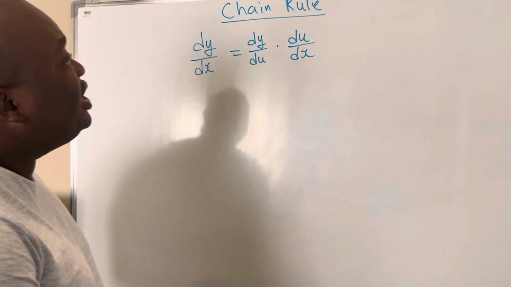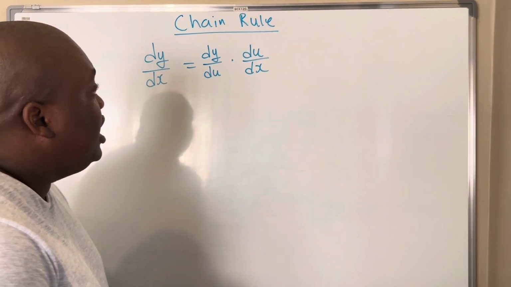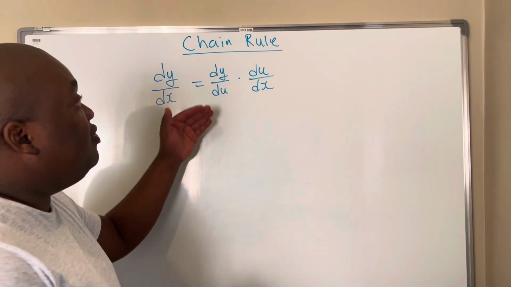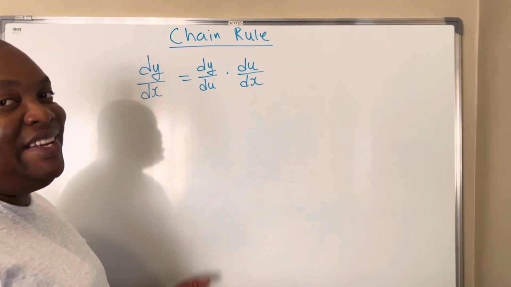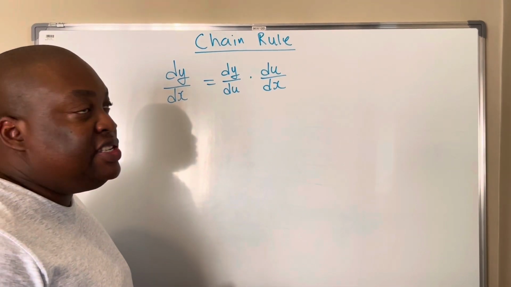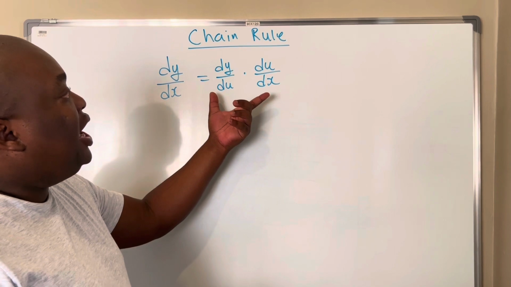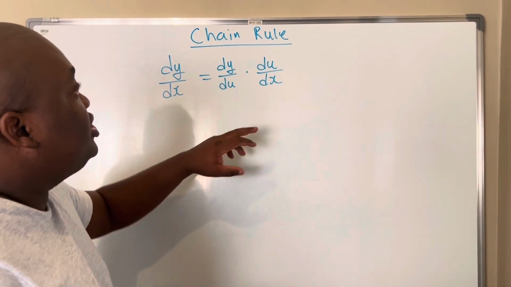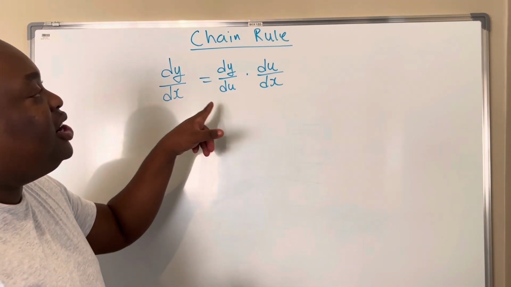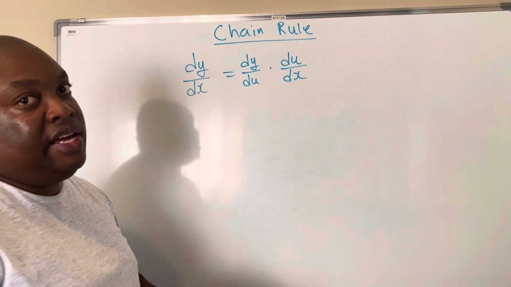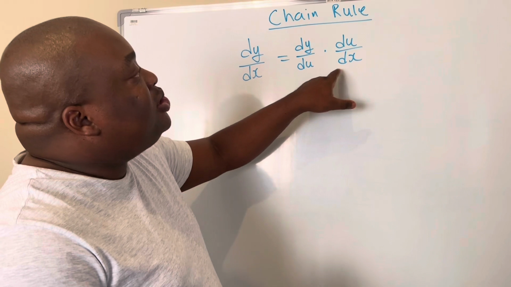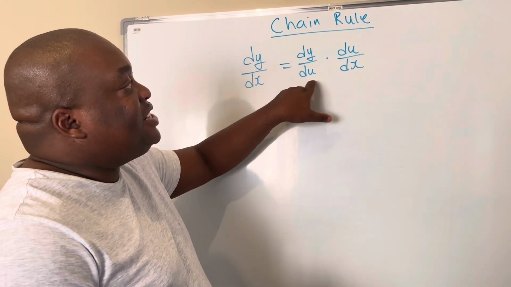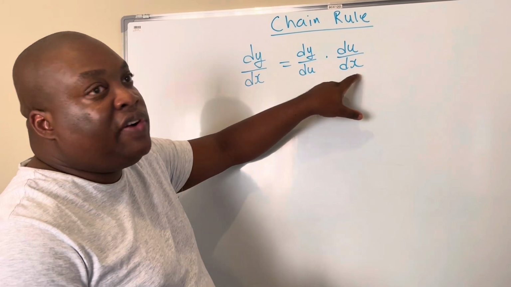So basically the chain rule, what it says, and you're going to see by the examples as we go about it, involves you letting one of the functions be a u such that it gives you a function of u. So if you look at how the chain rule applies, at the end of the day, it must look as if the du are cancelling each other such that you have dy over dx.